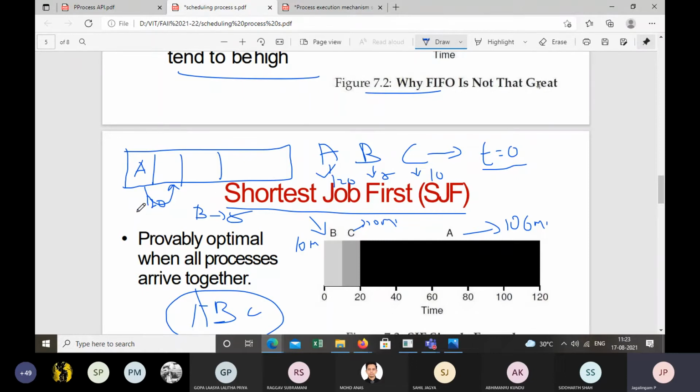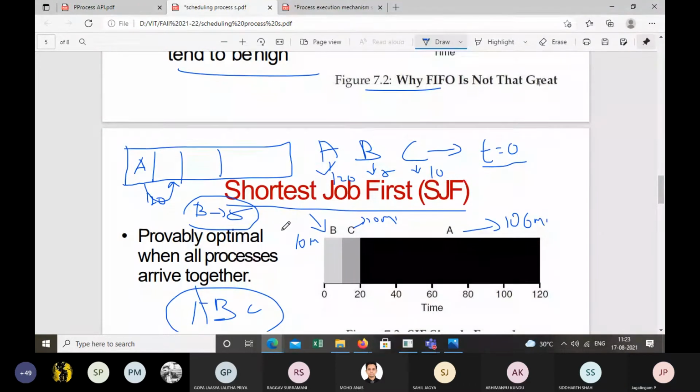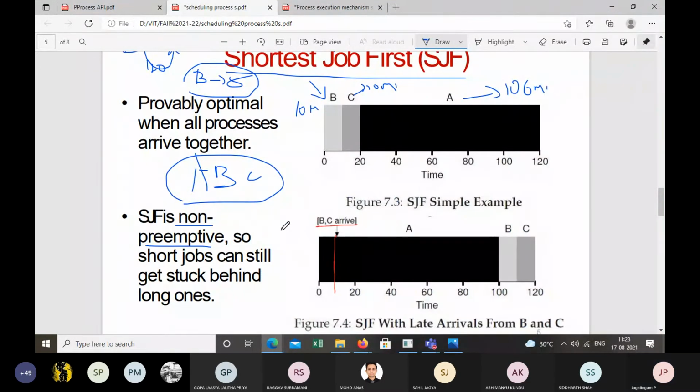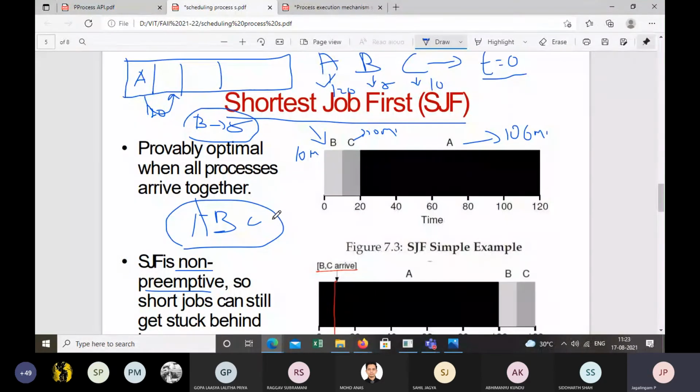Now the operating system decides to switch. The CPU will stop the execution of process A and move to process B for execution. That is the difference between preemptive and non-preemptive.